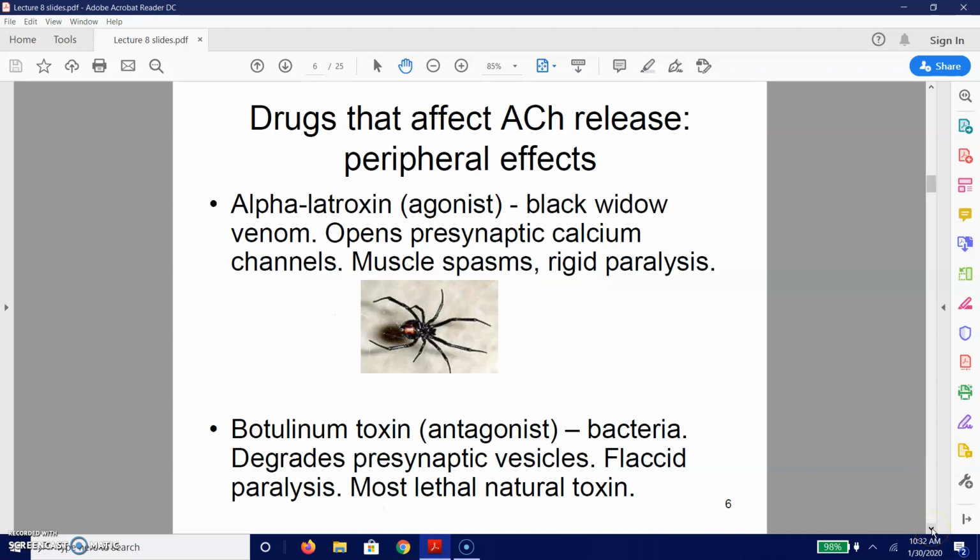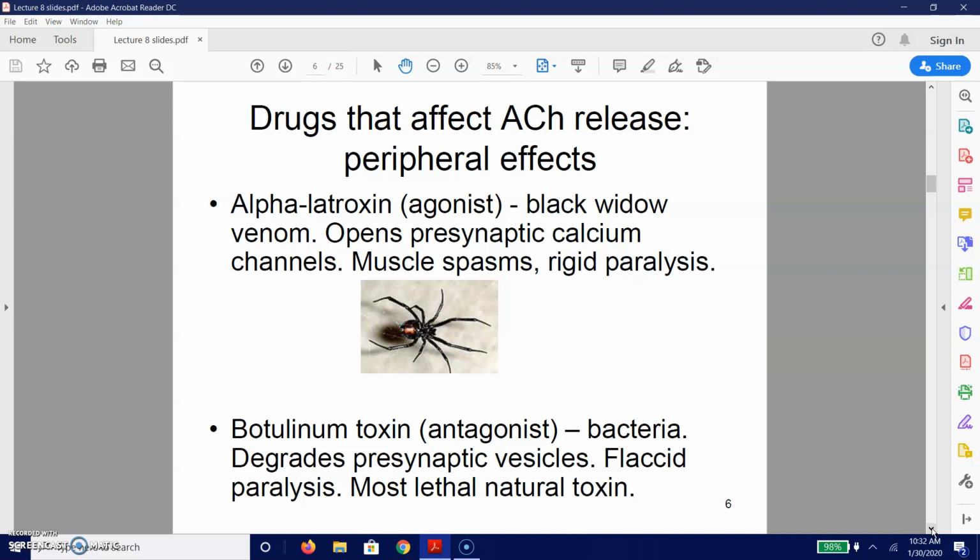So let's talk a little bit about some of the different drugs that affect acetylcholine release. These primarily act on the motor neurons of the peripheral nervous system. So the first one that we're going to talk about is alpha-latrotoxin. This is black widow spider venom.